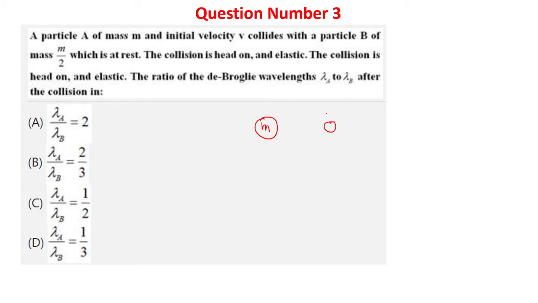So you have to incorporate the concept of elastic collision learnt last year. Initial velocity of the incident mass was v and initial velocity of the target mass was 0. So you have to find the ratio of de Broglie wavelengths of mass A and mass B after the collision.